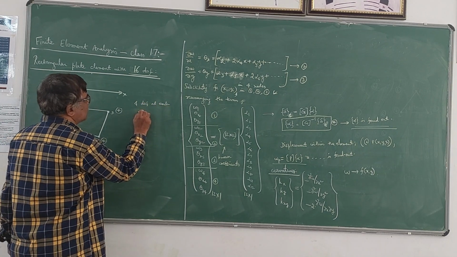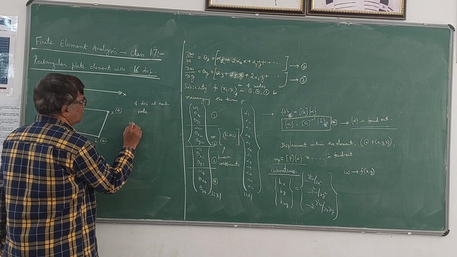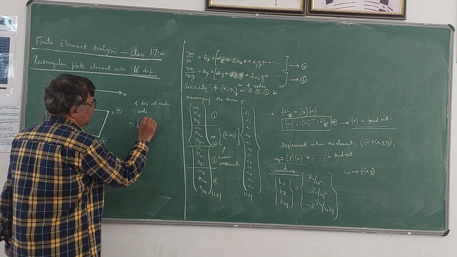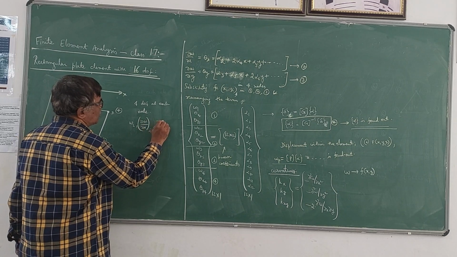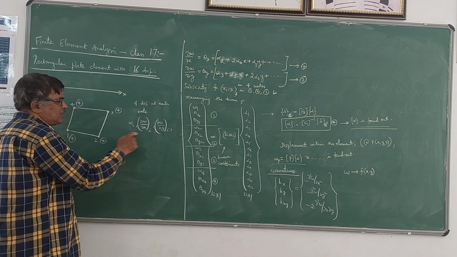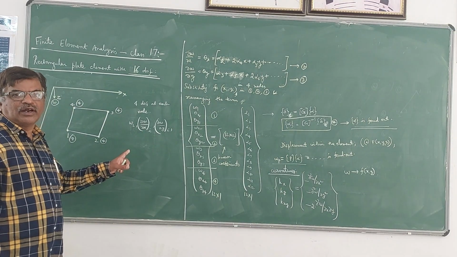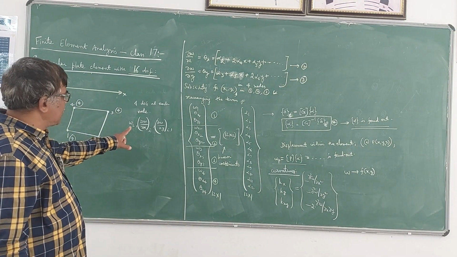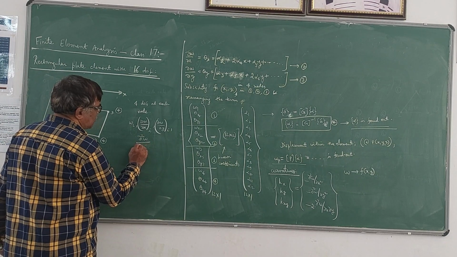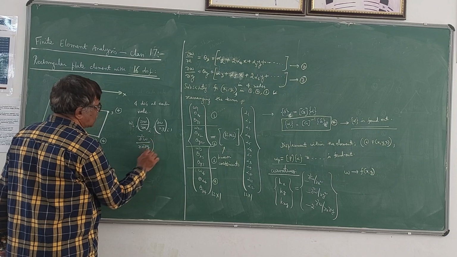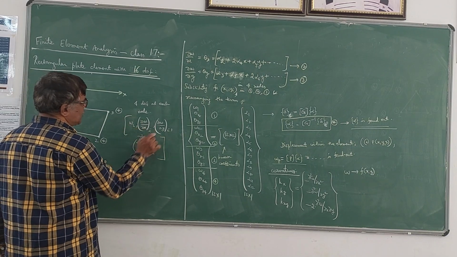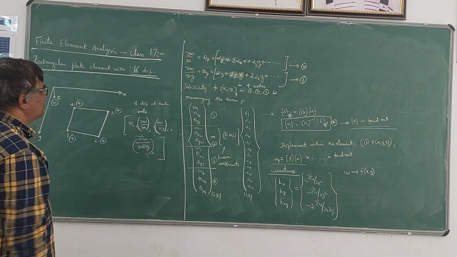So here there are Wi, dou W by dou X of I, dou W by dou Y of I, and the fourth one. These 3 we take in the case of the 12 degree of freedom rectangular plate element. In addition to this, you will be having dou square W by dou X dou Y also of I. So in total you have 4 degrees of freedom at each node.